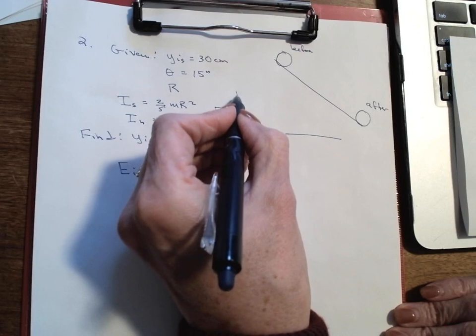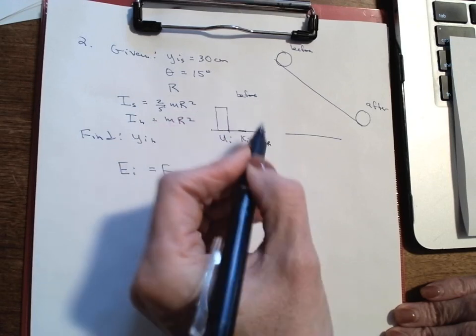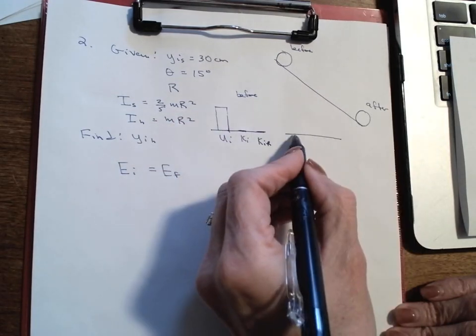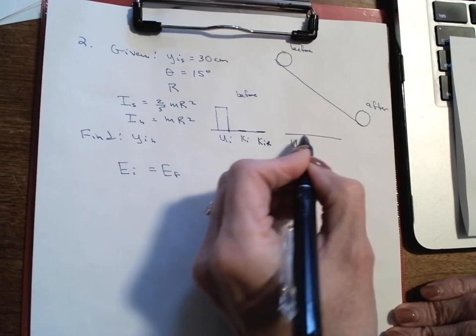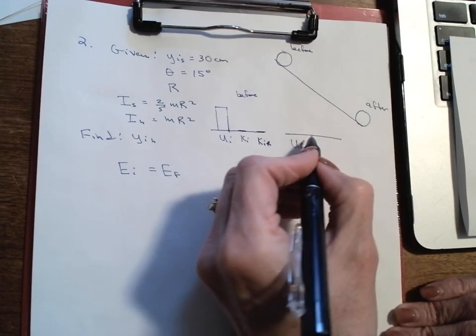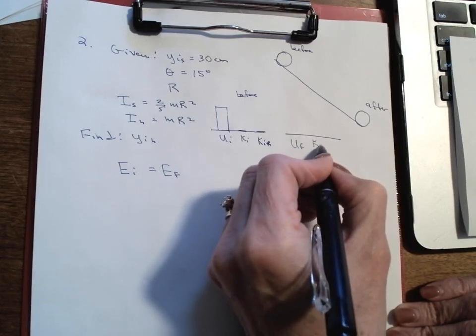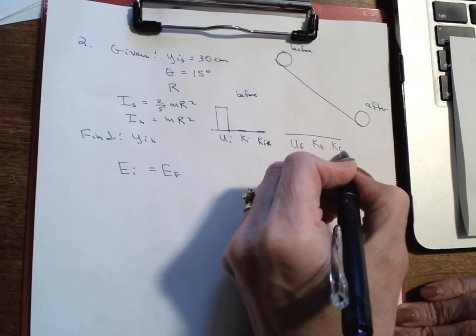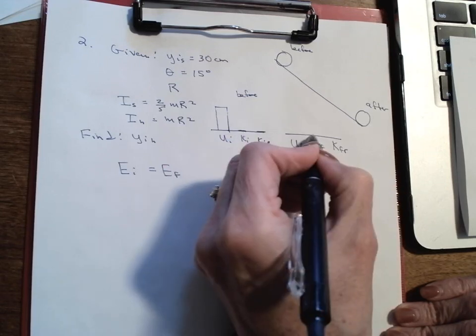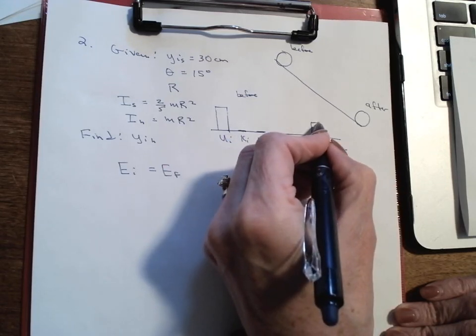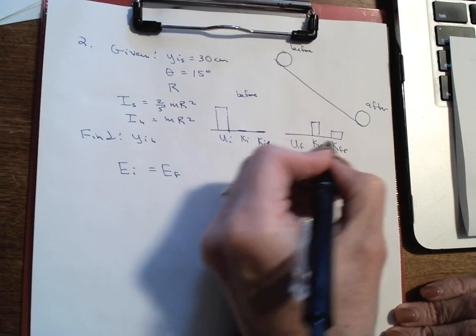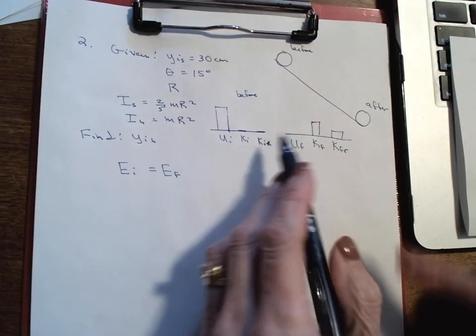And this is like before. And then after, there's no U final, so we have no gravitational potential energy because it's at the bottom of the hill. But we have K final and K final rotational. So we're going to have some combination of them. We're not exactly sure, but that's what we would expect.